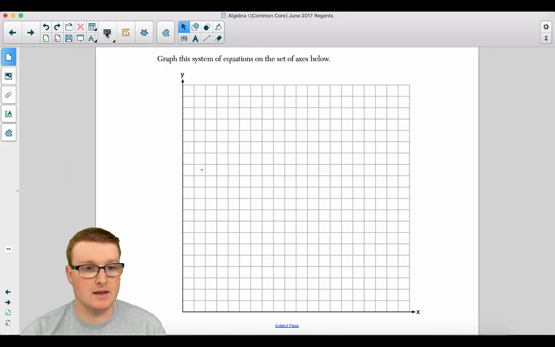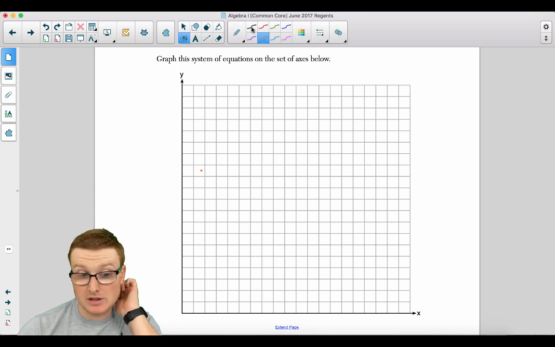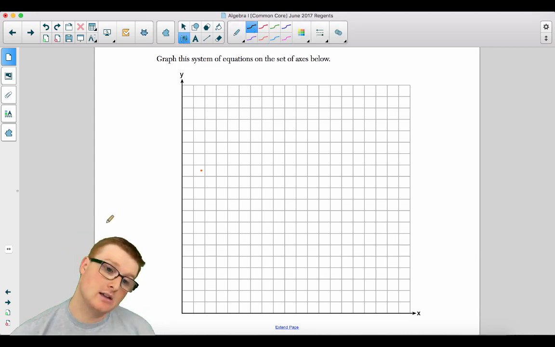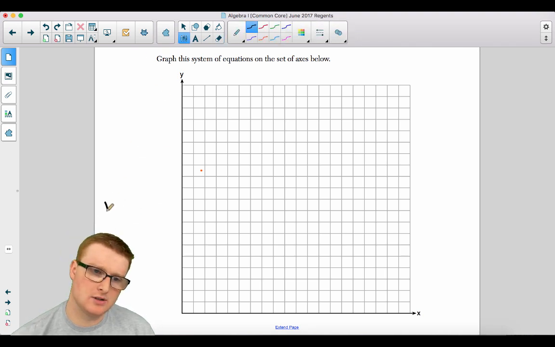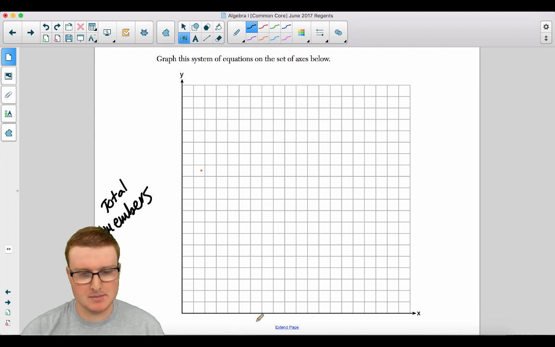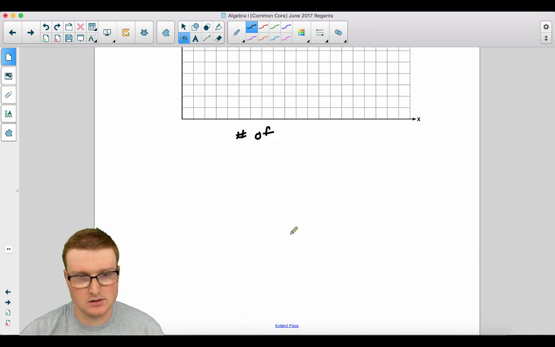First of all, you need to label everything. Label the axes. I'm going to say total members over here, and on the bottom, number of years since 2010.